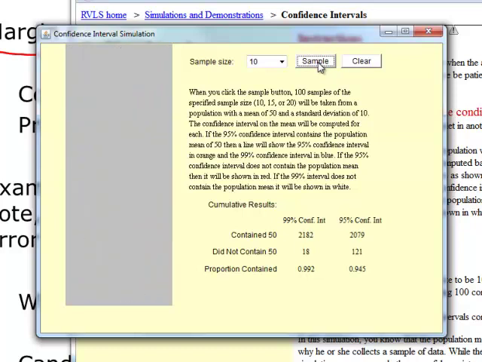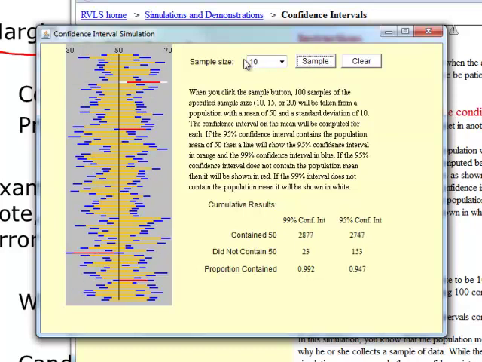It does this over and over and over again, and each time it's collecting samples of size 10. So each one of those lines is a confidence interval made of 10 values. And each time we've got some that are red, meaning the interval did not contain the mean. And we have some of these white tips, which means that the 99% confidence interval did not contain the 50.